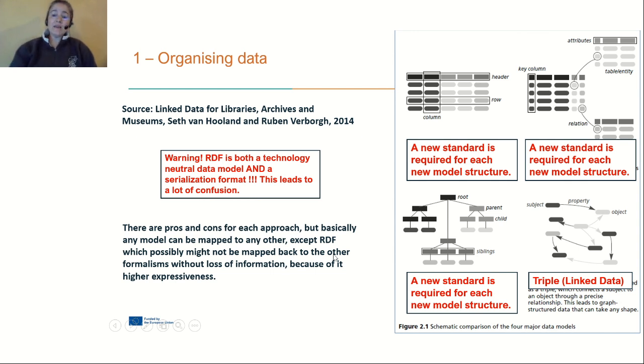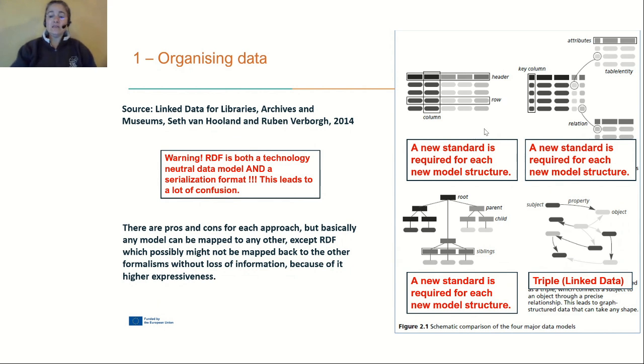The thing is, depending on which approach I use, if I want to send data to someone, they will have to understand how this data is structured. So, if I use any one of these three approaches, I will have to define a standard or a technical specification explaining how I have decided to structure the data. And every time I change my data model, I'm going to have to create a new standard.